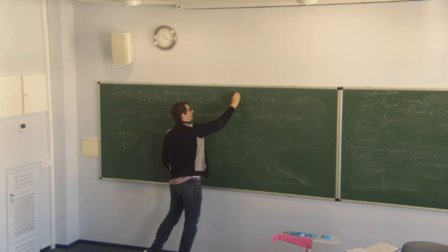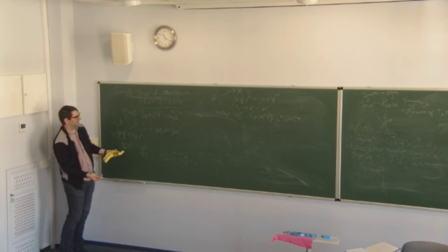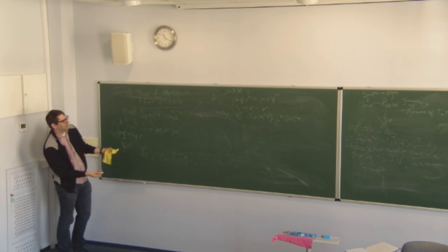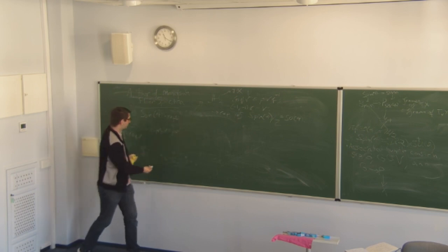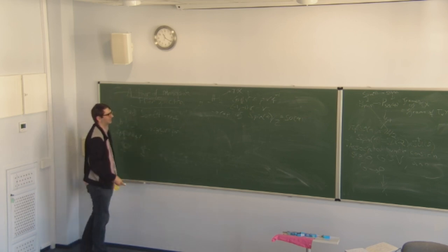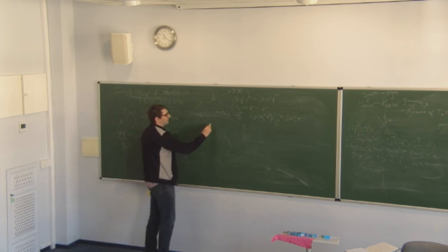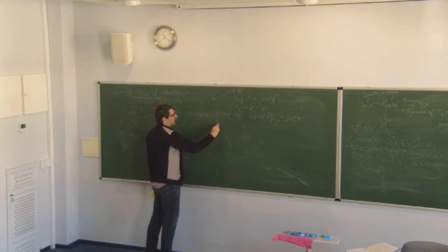So we've got these two new bundles which actually look kind of interesting. They're not as elementary as the tangent bundle, but they have a very similar definition. And what we're going to need to define the Seiberg-Witten equations is Clifford multiplication.